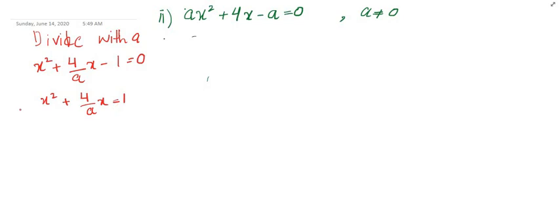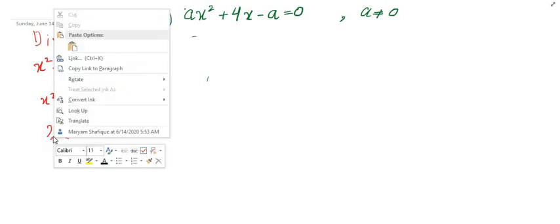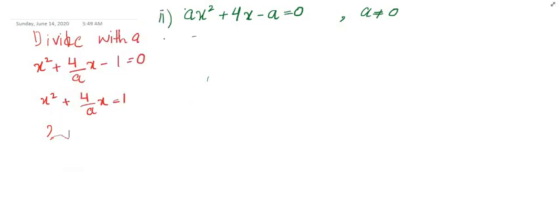Okay. Step number 3, complete the square of the term which is on the left hand side. Put 2ab to the second term which is on the left hand side, which is 4 by a x.